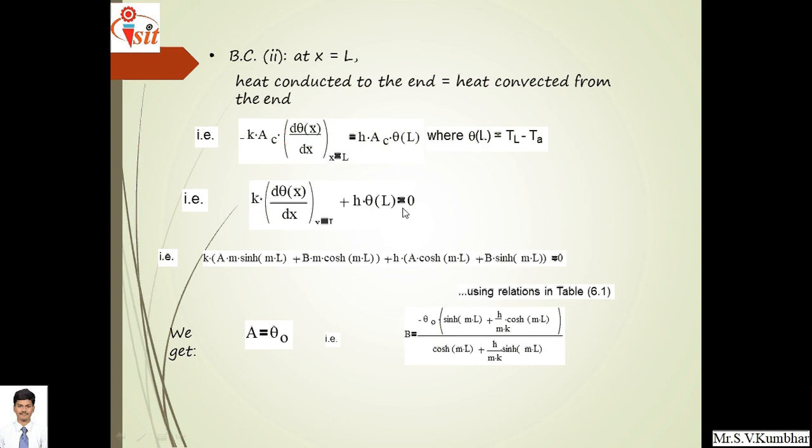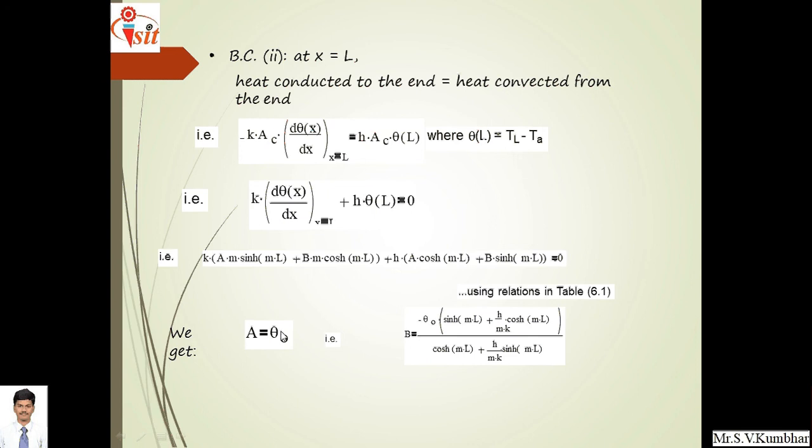Now try to remember the formulae that I had given, that is k A m sinh ml plus B m cosh ml plus h A cosh ml plus B sinh ml, which is equal to 0, using the relations that I had already provided in the table.